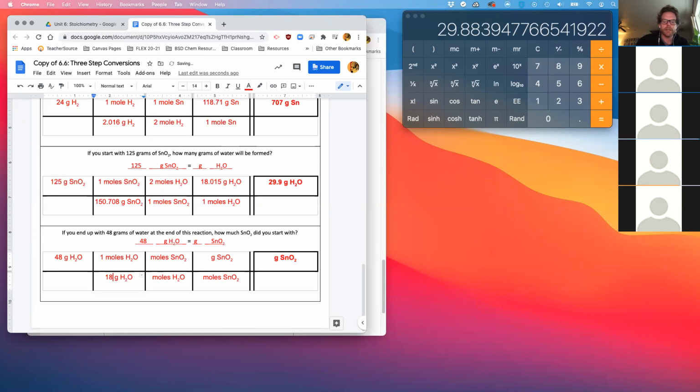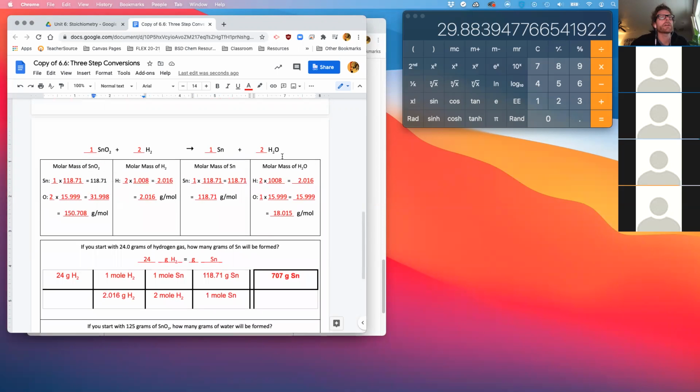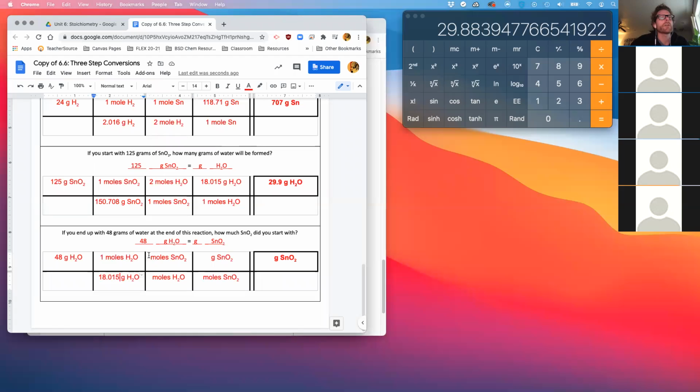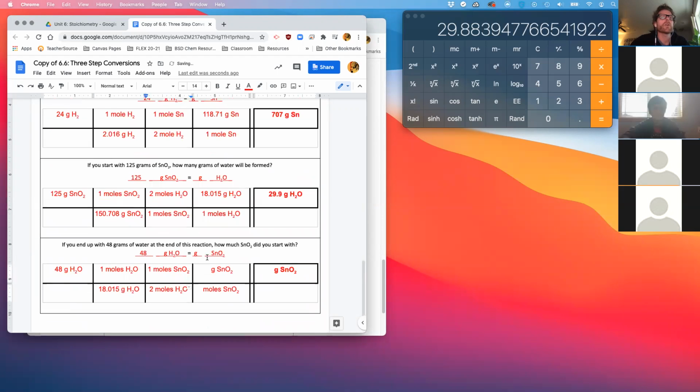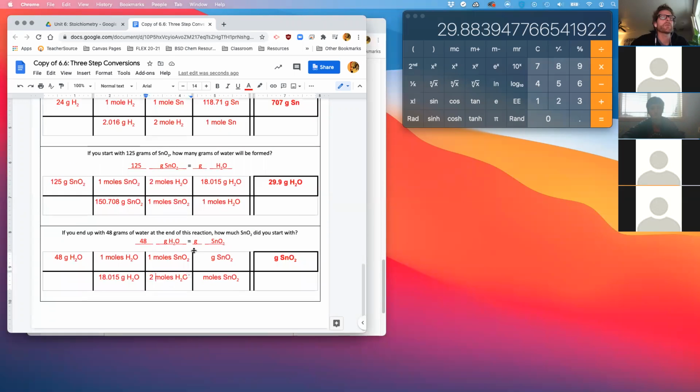I'm going to put it right here. I need to look at the ratio right here: H2O is a 2 and SnO2 is a 1. So SnO2 is a 1 and this one here is a 2. And over here, I look at my molar mass of SnO2. It's right here, and it's 150.708 for every 1 mole.